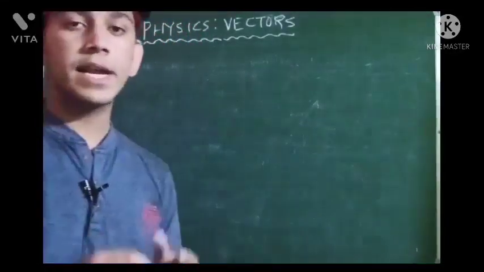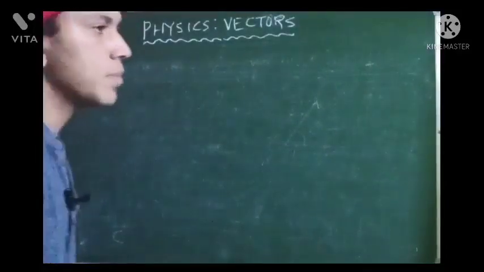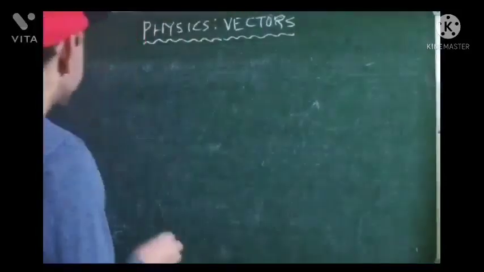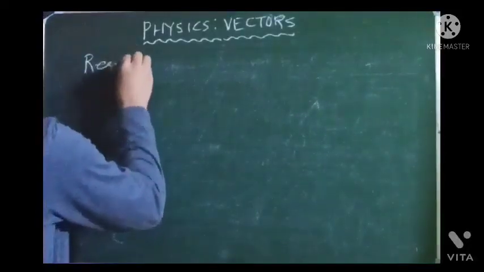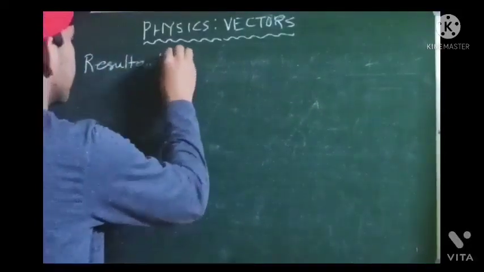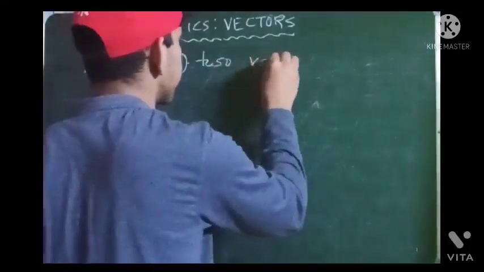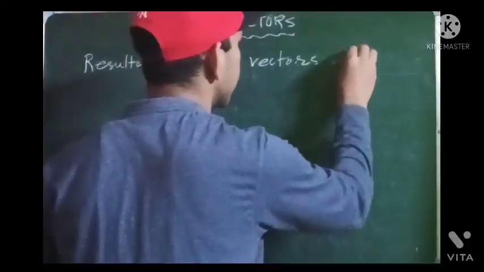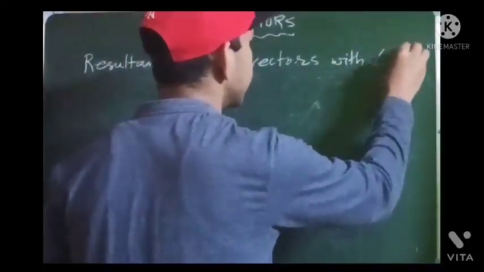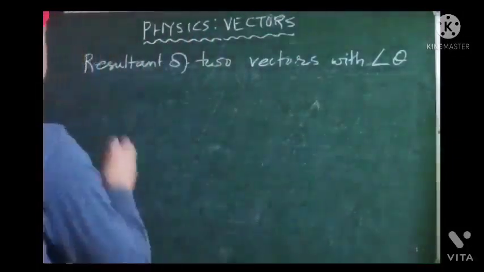Next, we are going to find the resultant of two vectors, A vector and B vector, and suppose the angle between them is given. Resultant of two vectors with angle theta. Let us suppose the angle between the two vectors is theta.